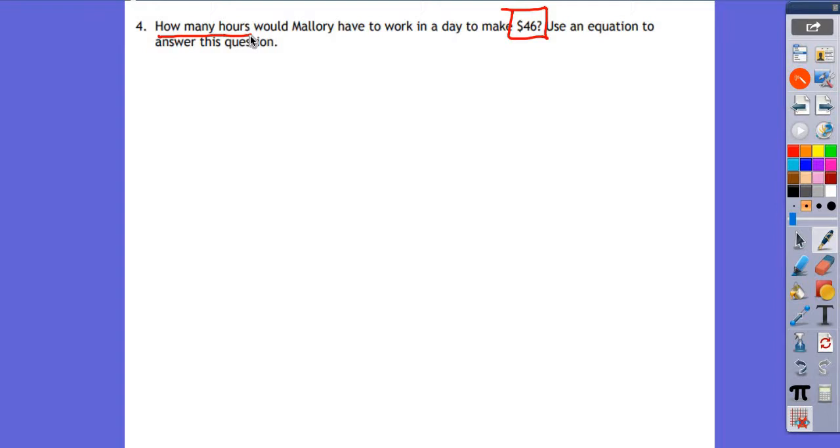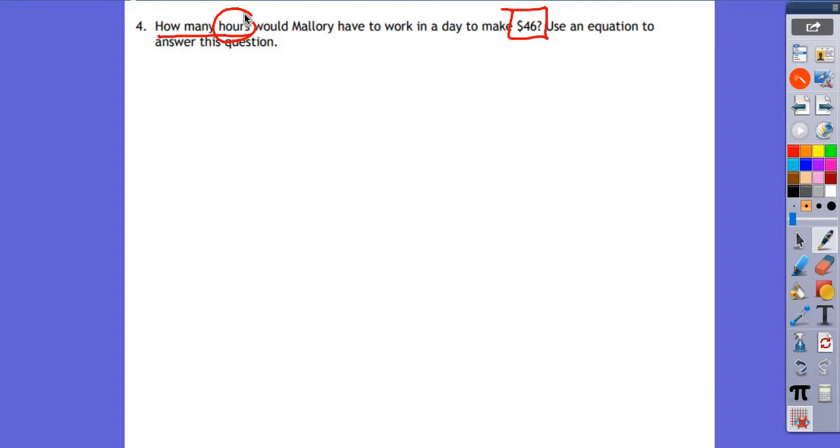Whenever they ask us to write an equation, we have to figure out some letters. We're talking about hours, and when I'm making money, when I work per hour, what do they give me in return?